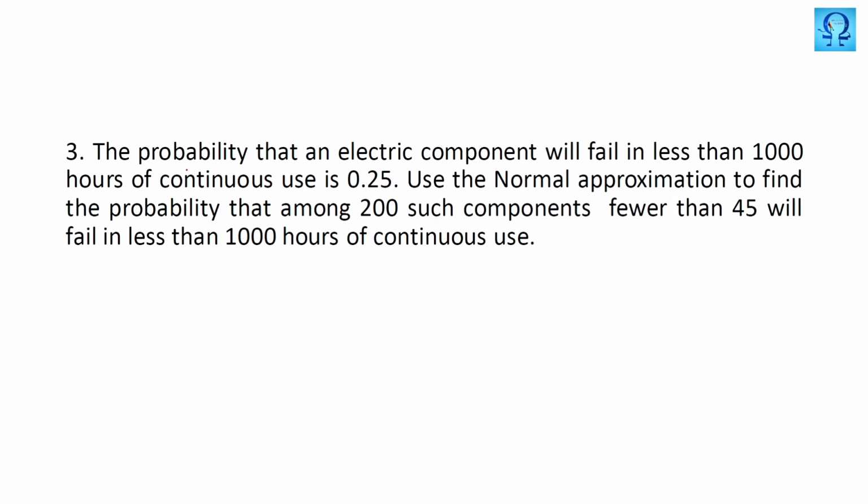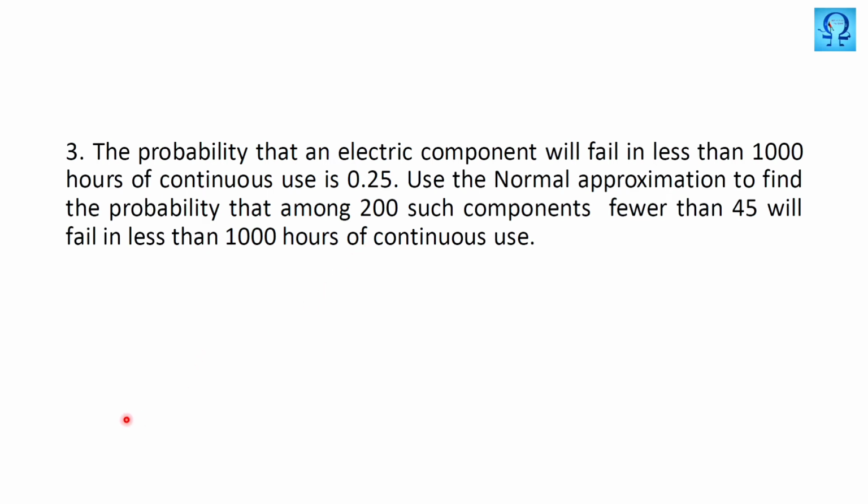The next problem tells us the probability that an electric component fails in less than 1000 hours of continuous use is 0.25. Use the normal approximation to find the probability that among 200 such components, fewer than 45 will fail in less than 1000 hours of continuous use.